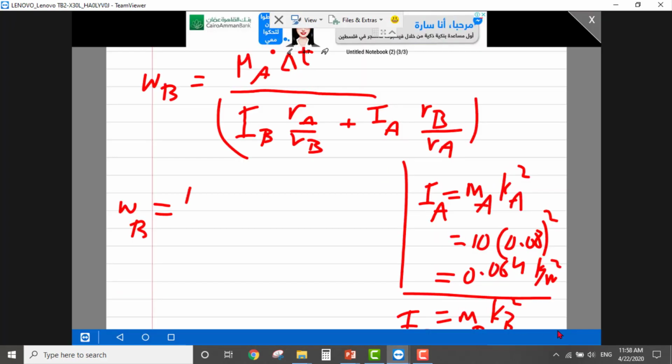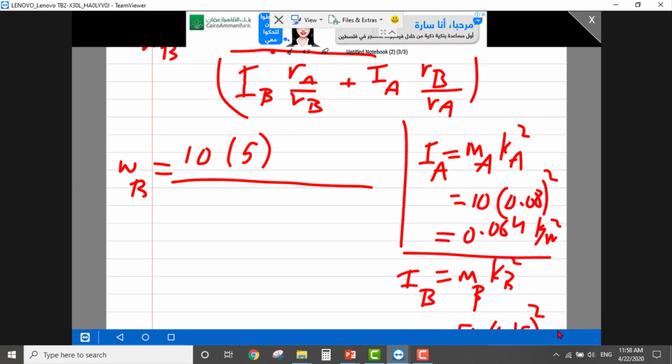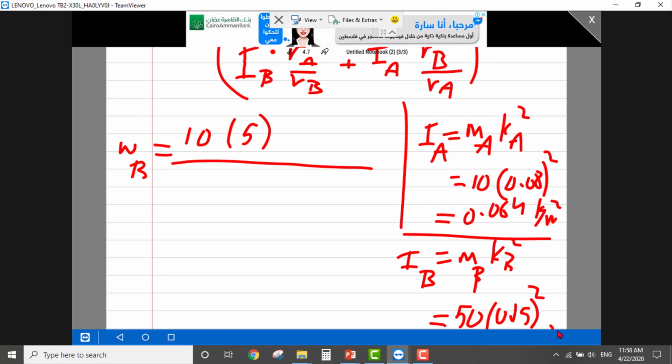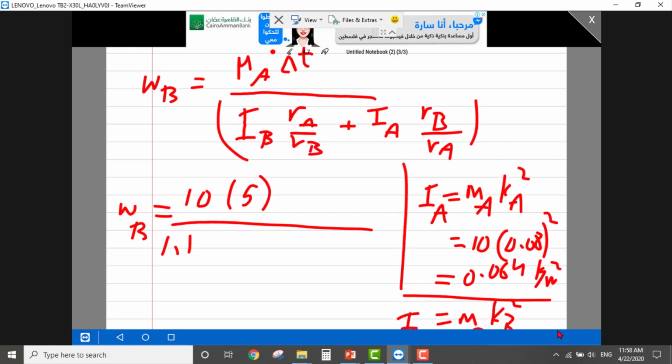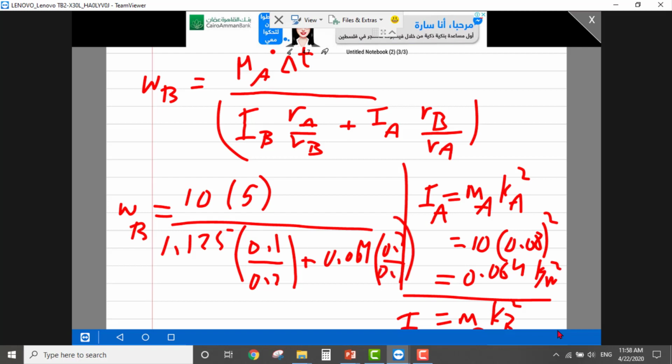So this is 10 multiplied by delta t, which is 5 minus 0, which is 5 again, divided by IB, which is 1.125, multiplied by RA, which is 0.1, divided by 0.2, plus IA, 0.064, multiplied by RB, 0.2 divided by 0.1. So it's a matter of substitution only, nothing new.